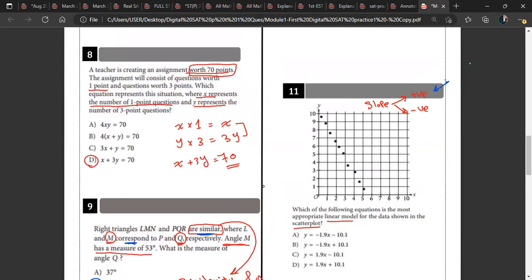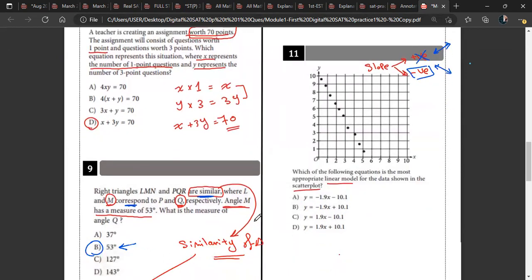This is positive in this shape. But if you have the inverse like this, negative. So now this is canceled, and you have negative slope. If you have negative slope here, the slope of x here is negative, and here is negative. But down here, C and D, positive. Cancel this one, cancel this one. Then your answer may be A or B.